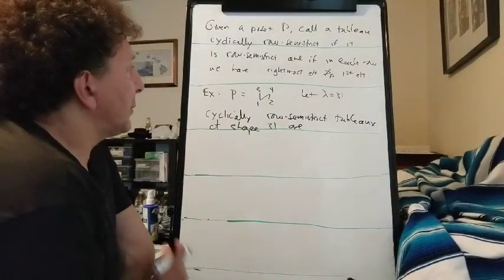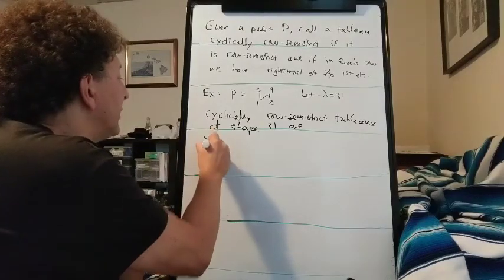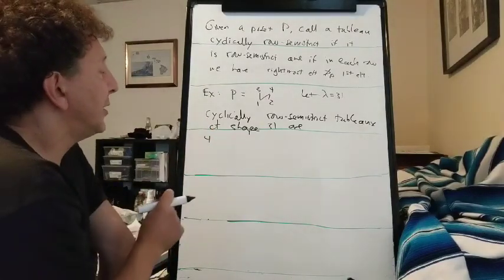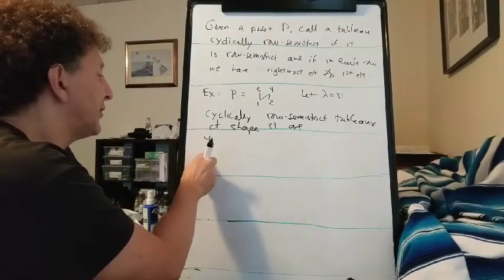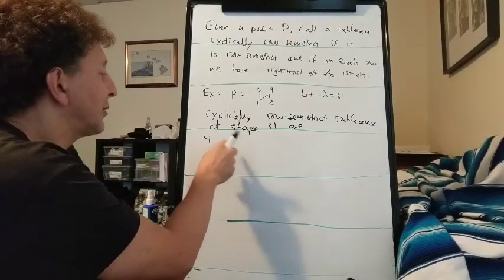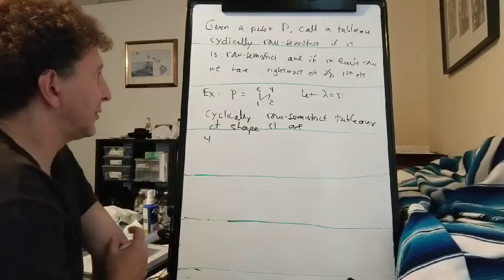So we've got one element all by itself. Let's say 4 is all by itself. And then we have to arrange the other three elements so that the first is not greater than the second, which is not greater than the third, which is not greater than the first.